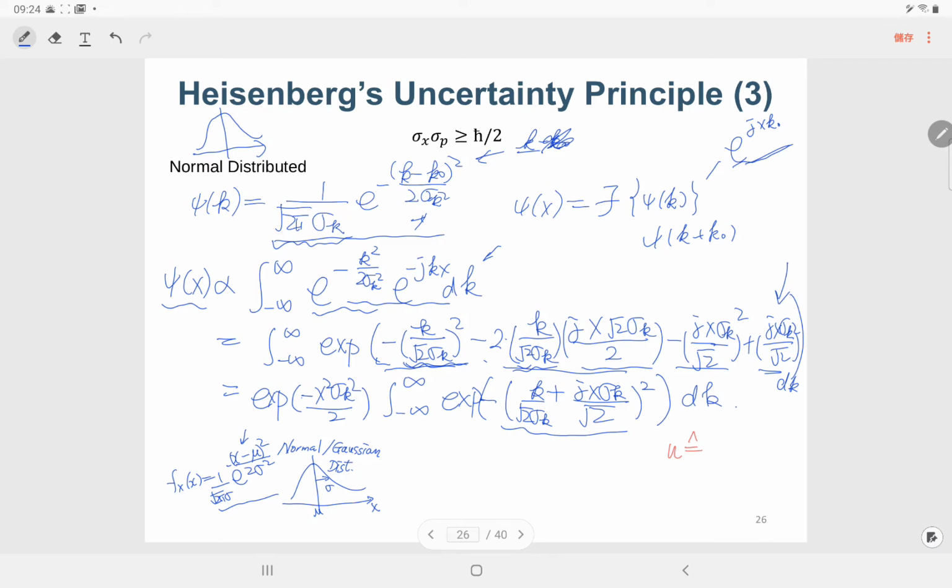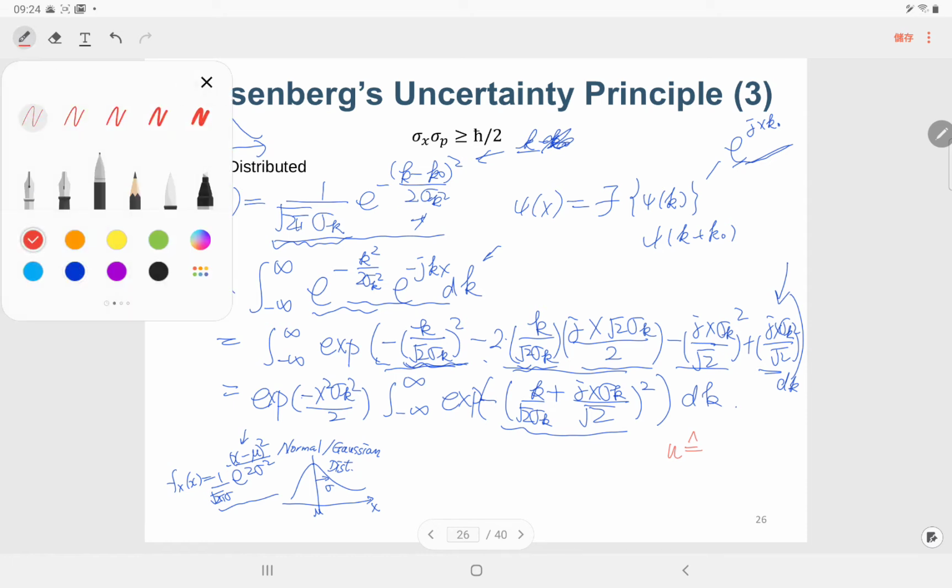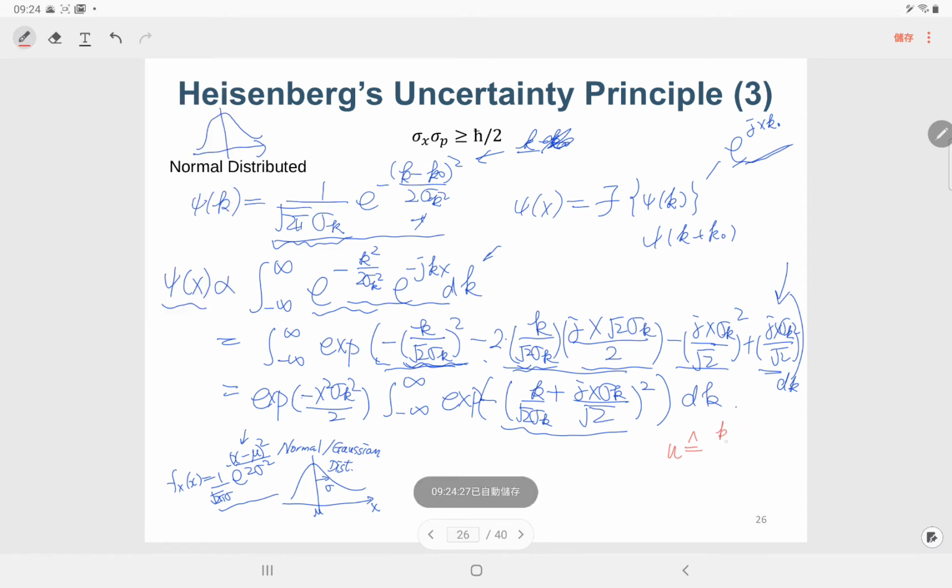So now we can let u equal k over square root of 2 sigma k plus jx sigma k over square root of 2. So we have du equals dk over square root of 2 sigma k. So we can make some simple substitution.